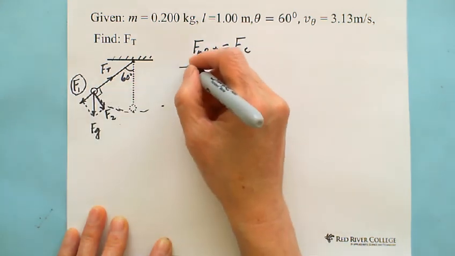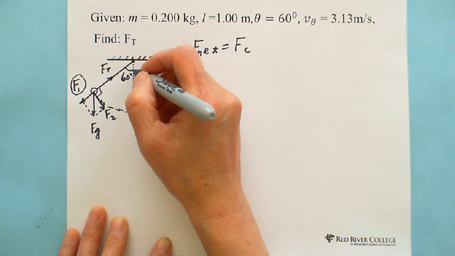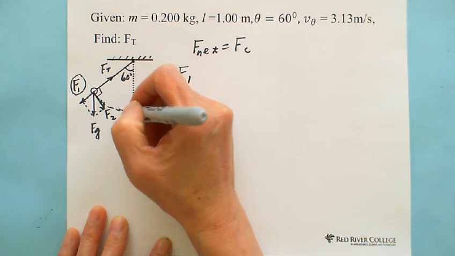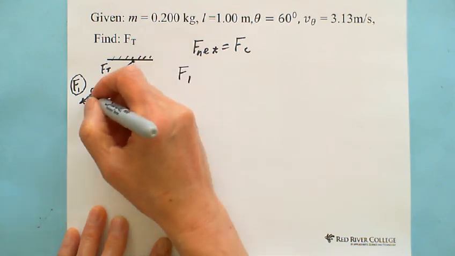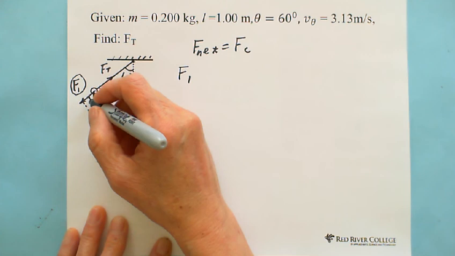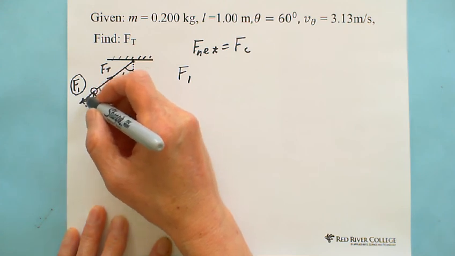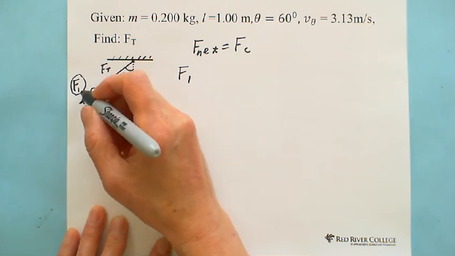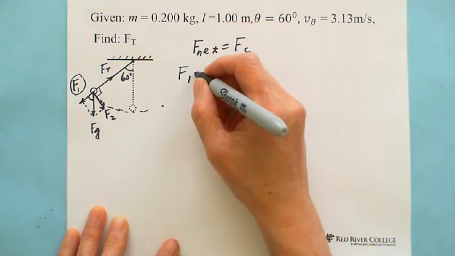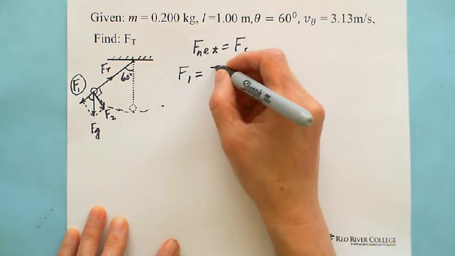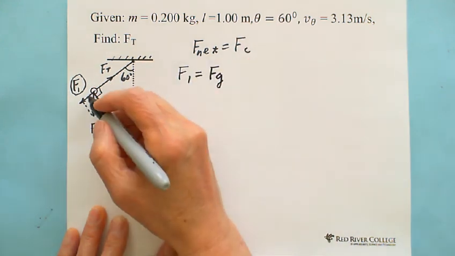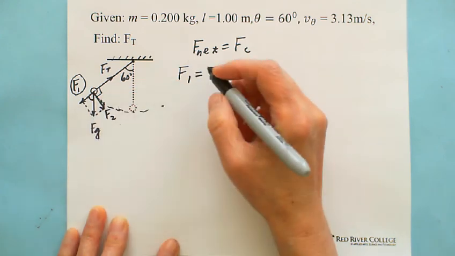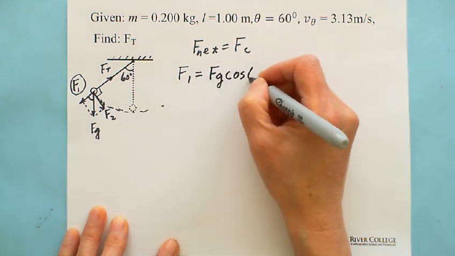Because this is 60 and this is vertical down, these two angles are equal, 60 and 60. F1 is adjacent to the angle. So F1 equals Fg, which is the hypotenuse in this triangle, times cosine 60, right?